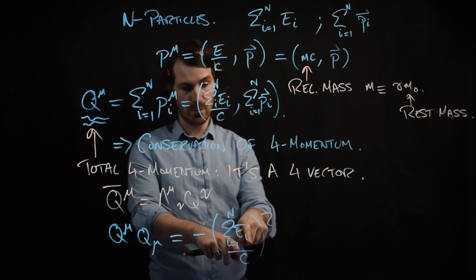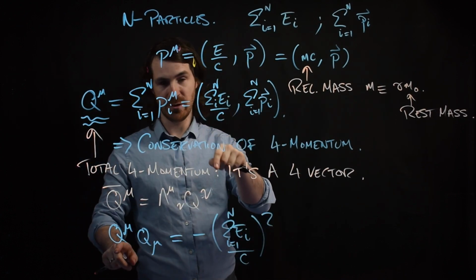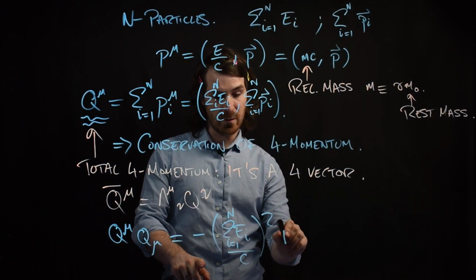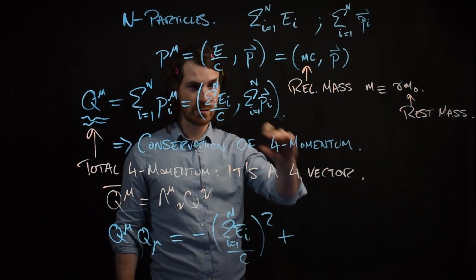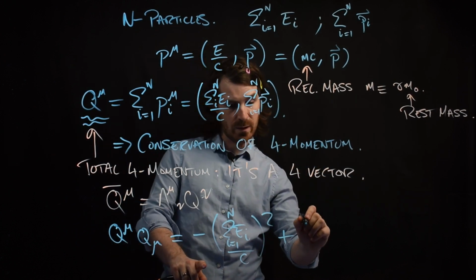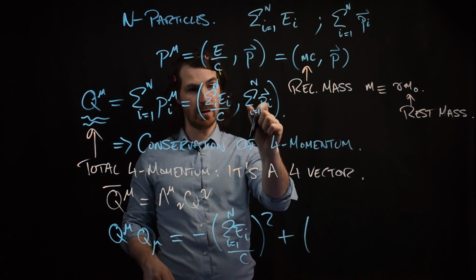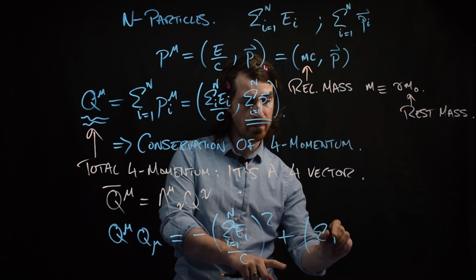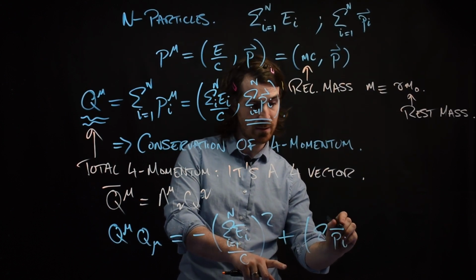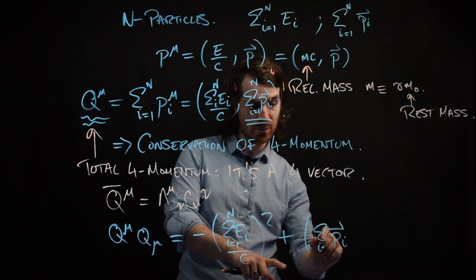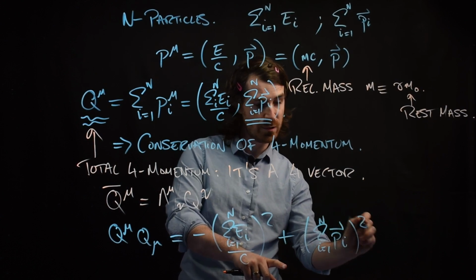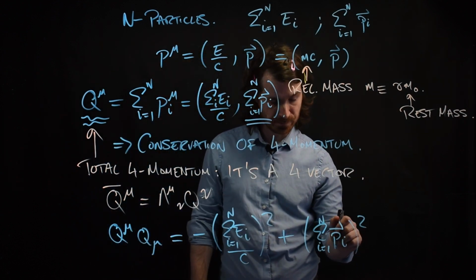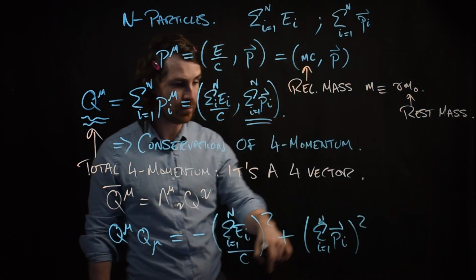We get one power from the first Q, the second power from the second Q. And then we have a plus for the 1, 2, 3 components of our metric. And we have this component times itself with a plus in front. So we get the sum of p i from i equals 1 to n, squared. And that means we take the magnitude of this total vector.